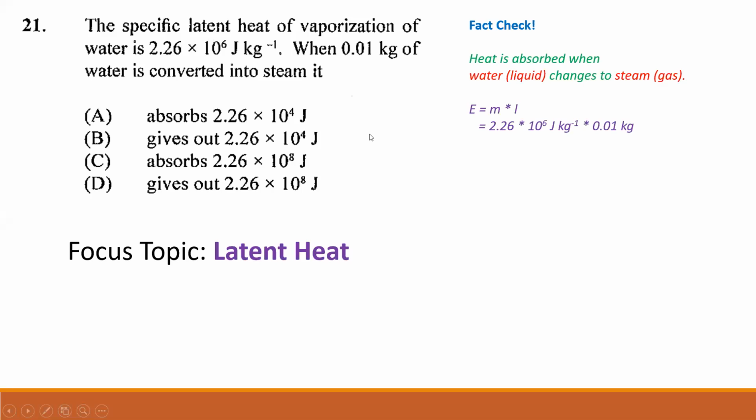Now we know that for water to become steam, heat must be absorbed, so you can eliminate B and D, leaving A and C. Then energy is found by multiplying the mass times the specific latent heat, so 2.26 times 10 to the 6 times 0.01. That will give you 2.26 times 10 to the 4, and your answer is A.